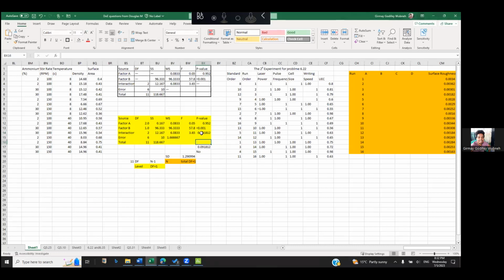The Excel function takes the F statistic value, degrees of freedom 1, and degrees of freedom 2.